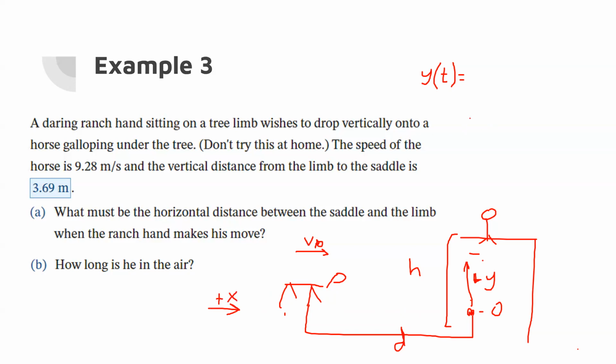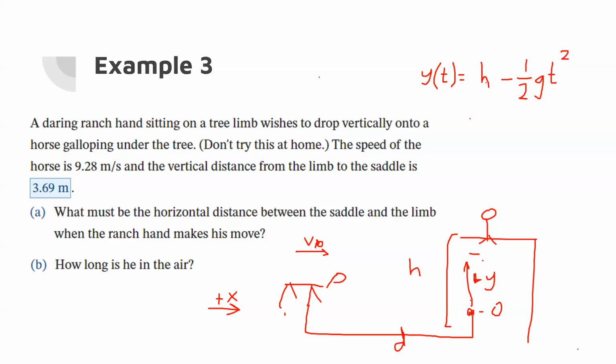So for the ranch hand, he has no initial velocity, but he has an initial height. So I have that. And then he's going to be falling in the negative direction, at the acceleration of gravity, g. And that's the position equation for my ranch hand.